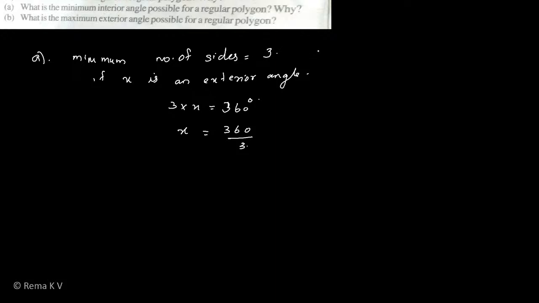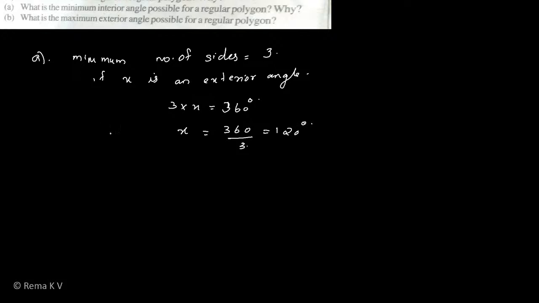That must be a triangle. If x is an exterior angle of the triangle, then since this is a regular polygon, all the 3 angles are equal. And 3 angles are there. The sum of the 3 angles is equal to 360 degree. Okay. Then x is equal to 360 divided by 3, which is equal to 120 degree.